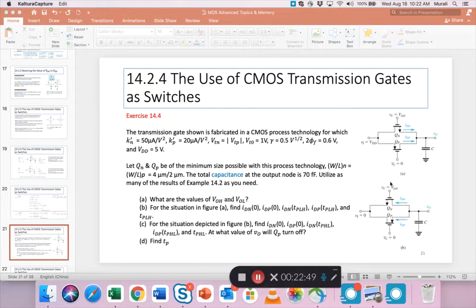Then part C says for the falling, that means the output going down when input is 0, same thing, find the currents at time 0 and at these times. Also, at what value of VO will QP turn off? That's one extra question. QP turns off: at what value of the output will it go away from being in saturation to entering triode or cutoff? Last thing, TP, which is the average of the TPLH and the TPHL.